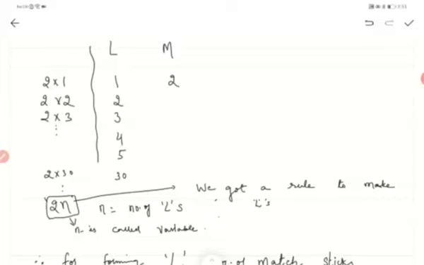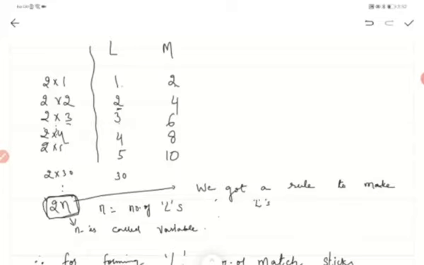For 1 L you need 2 matchsticks. For 2 L's we need 2 into 2, 4 matchsticks. For 3 L's we need 2 into 3, how many? 6 matchsticks. For 4 I will need 2 into 4, 8 matchsticks. For 5 I will need 2 into 5, that is 10 matchsticks, right? And so on. So in general I took it as 2n.